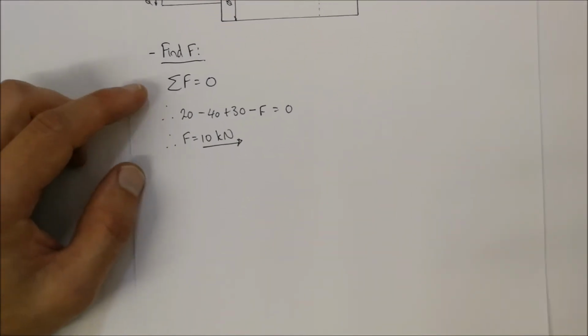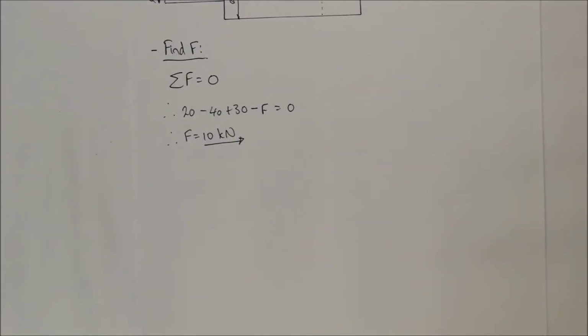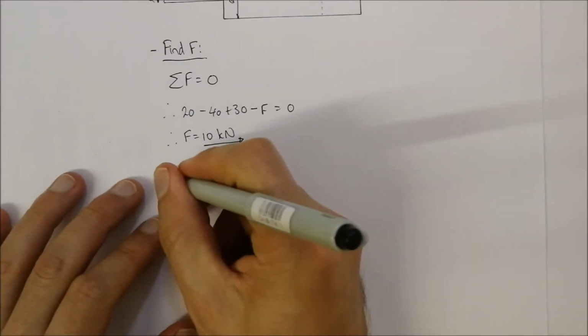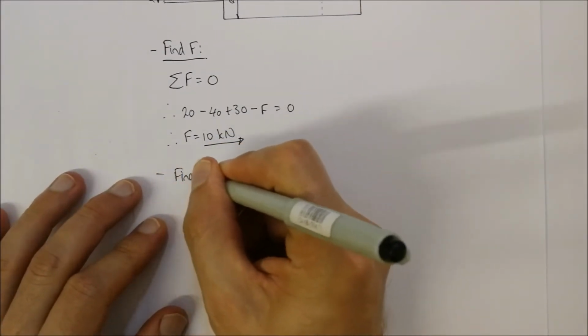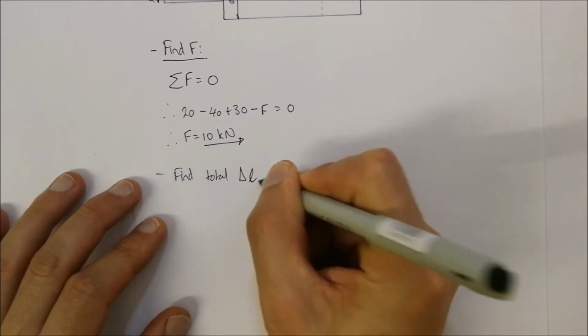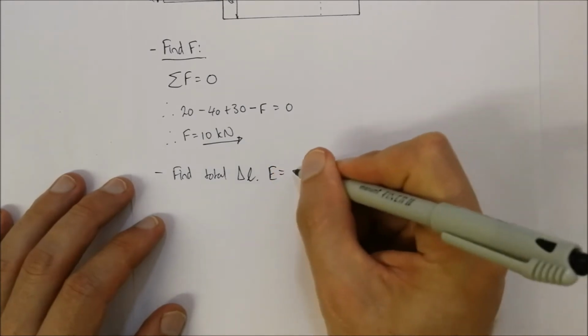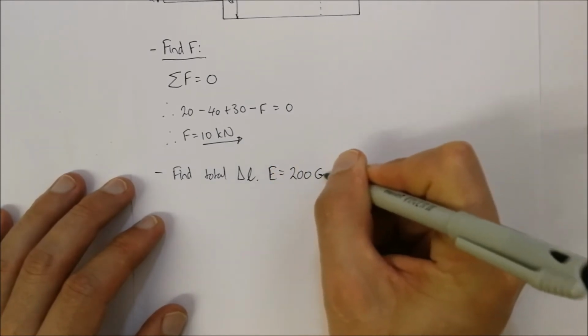Now that we've done that, the next thing that you might be asked is determine the total change in length. So find total delta L. And you're told that E is equal to 200 gigapascal.